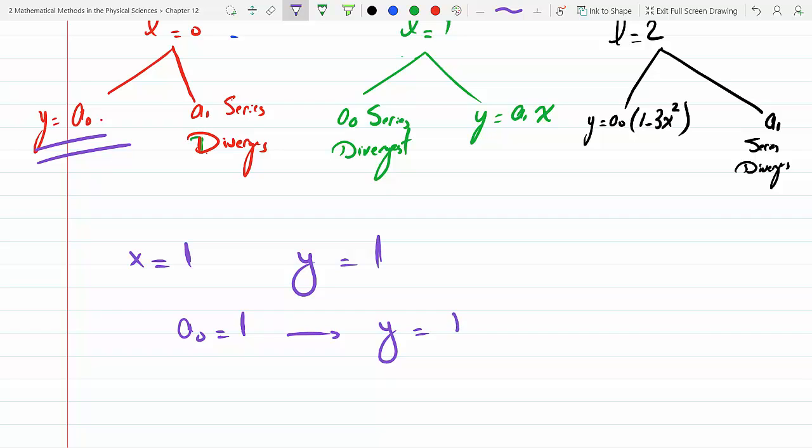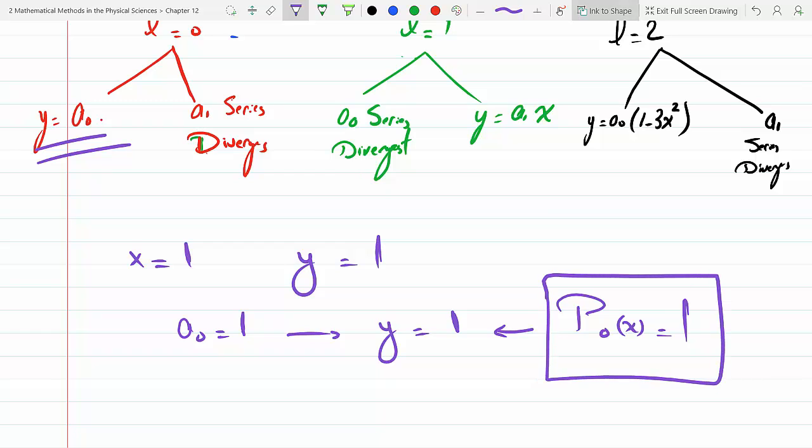This y equals 1 is the 0th Legendre polynomial. This is called p0 of x equals 1. That's what the question is asking you to do, to figure these out from the analysis of these two formulas.